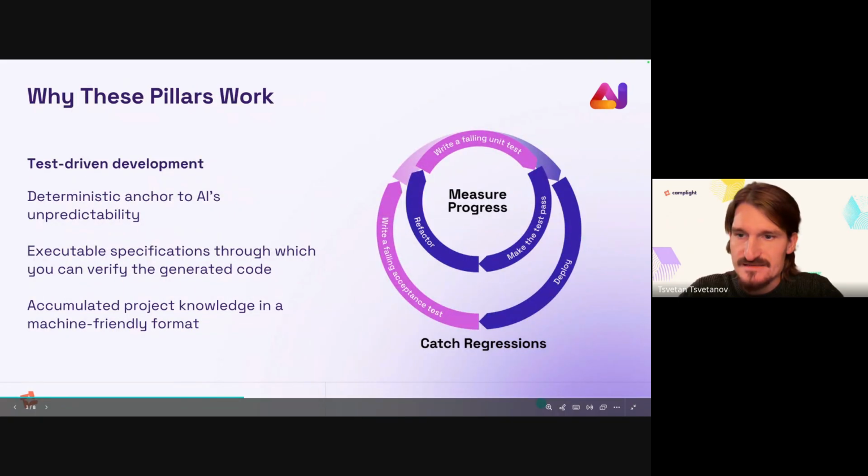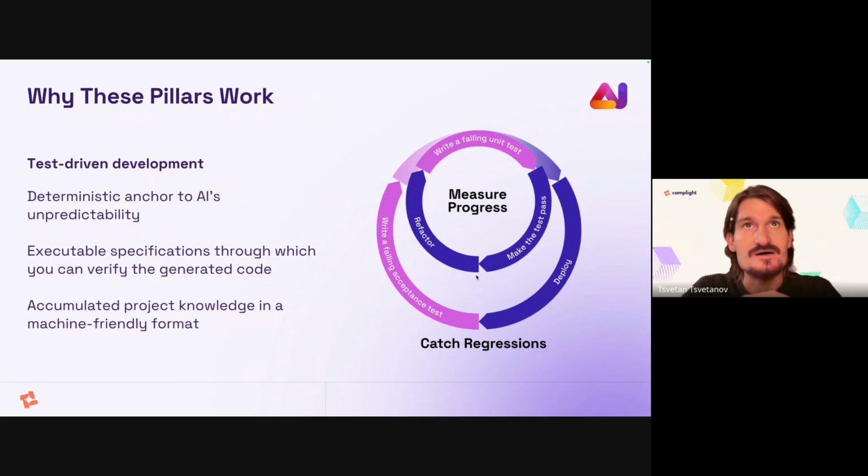Now I'm going to dive a bit into each pillar because I'm not sure everyone here knows what these things are about. So first of all, I'm going to start with test-driven development.